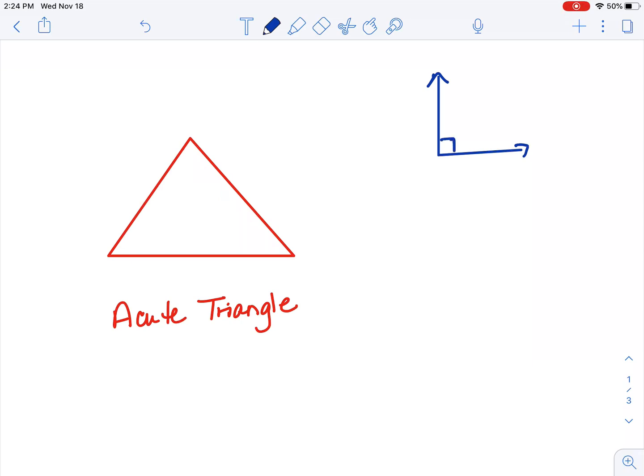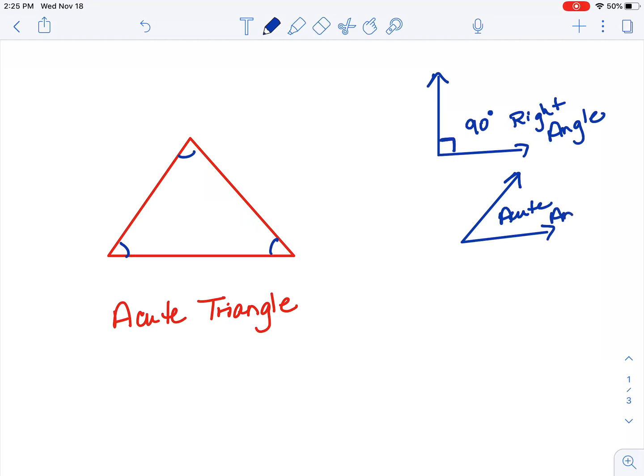A lot of times you'll see that little marking in it showing that that's a 90-degree angle. That's also called a right angle. So all of the angles in this triangle are smaller than that. That is an acute angle. So that's why this is an acute triangle.